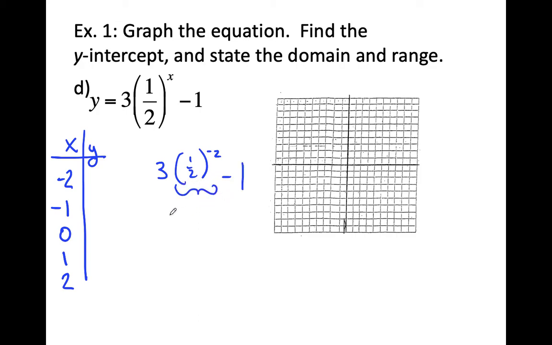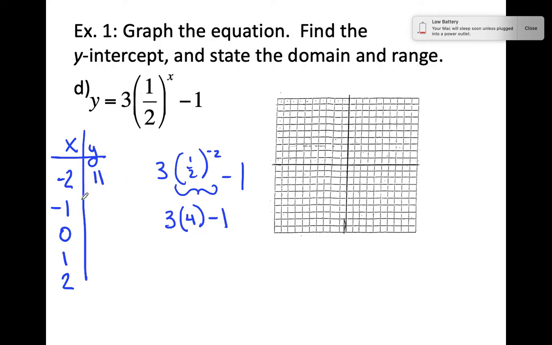The exponent comes first, so this is really 3 times (1/2) to the -2. If you use your calculator, that will really be 4. So you really have 3 times 4 minus 1. 3 times 4 is 12, minus 1 is 11.